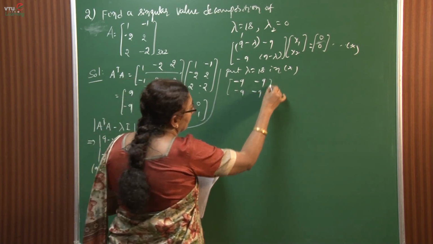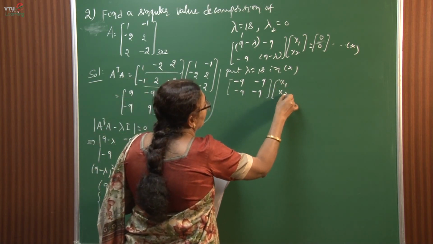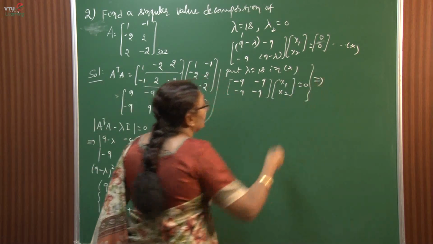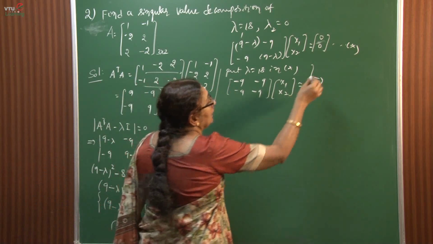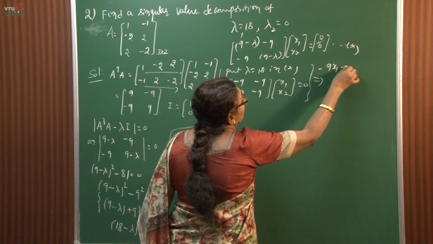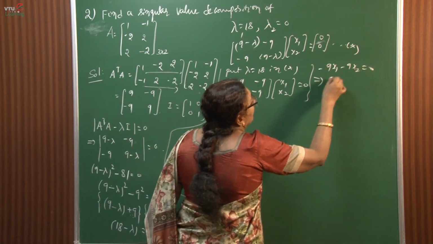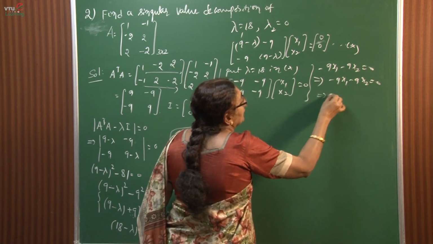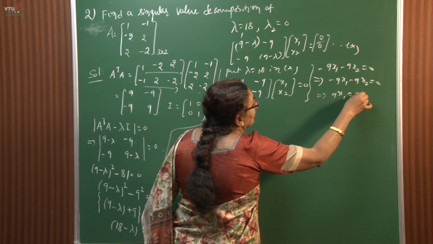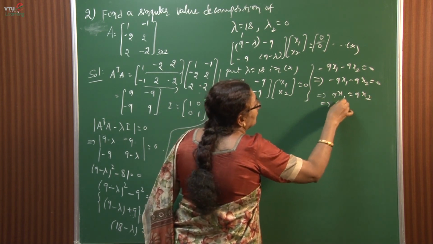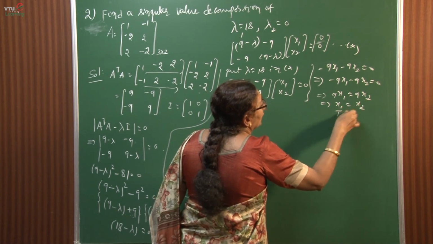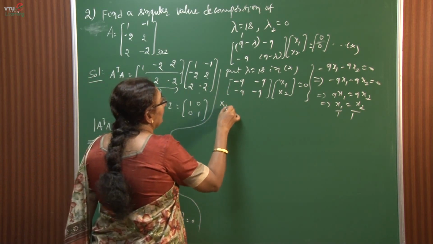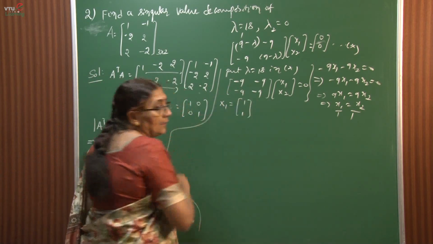We get the equations 9x1 minus 9x2 equal to 0 and minus 9x1 plus 9x2 equal to 0. Both equations are the same. That implies 9x1 equals 9x2, so x1 equals x2. That can also be written as 1 divided by 1. It does not matter. Therefore one eigenvector is [1, 1].